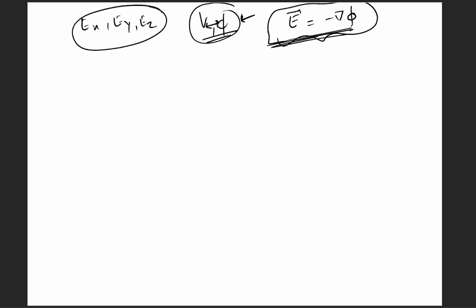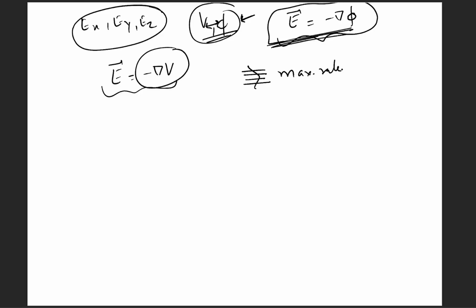Now let us see some relation between electric field lines and the equipotential surfaces. As you know, E is equal to minus del V. I have told you that the direction of the gradient gives you the maximum rate of change of the scalar quantity.